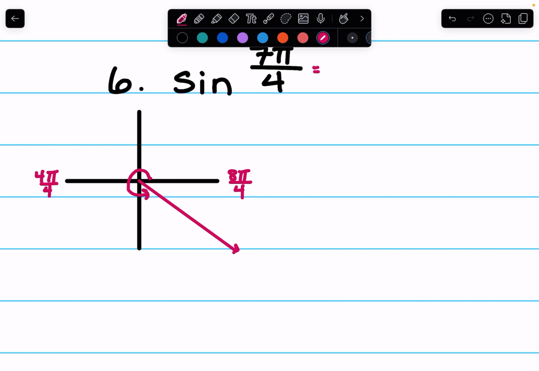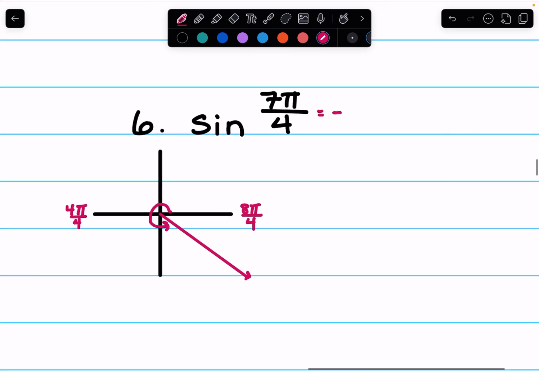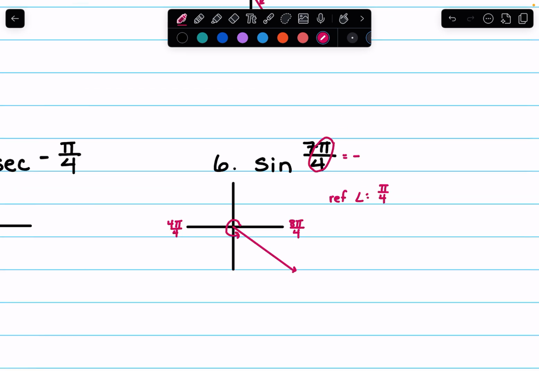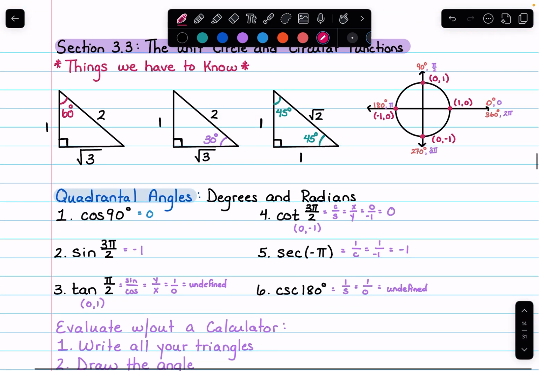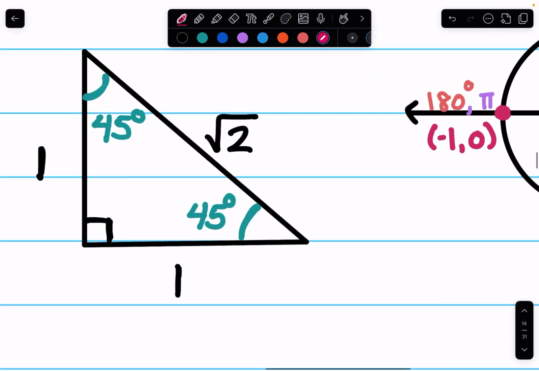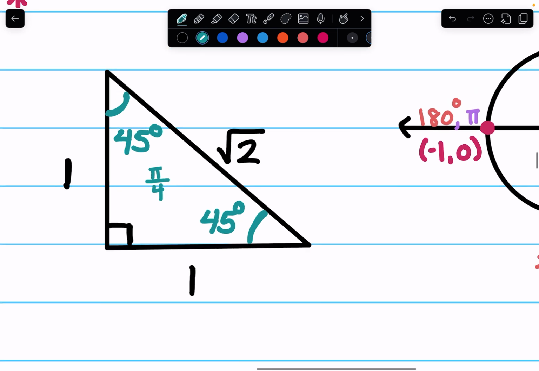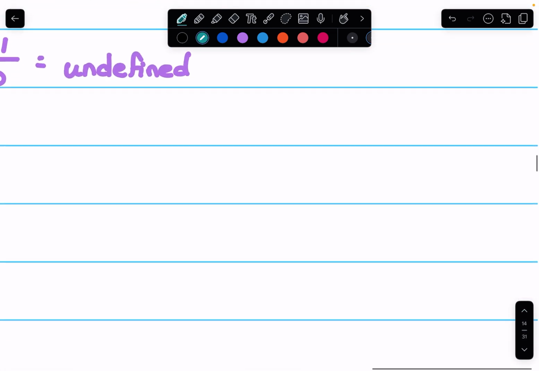So we're in the fourth quadrant, that's negative for sine. And then the reference angle is pi over 4. So we go here, so this is pi over 4. And then we do sine, so that's opposite over hypotenuse, 1 over the square root of 2.